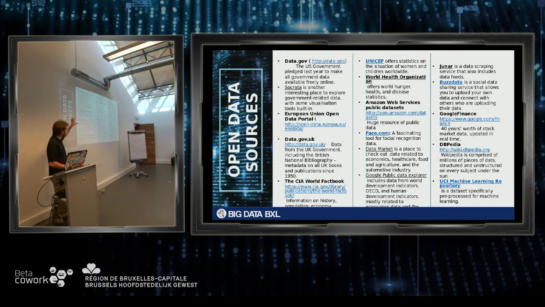Well, let me not go through the entire set here, but I'll mention the AWS, Amazon Web Service public data sets, which is an insanely large amount of data, including lots of satellite imagery as well.